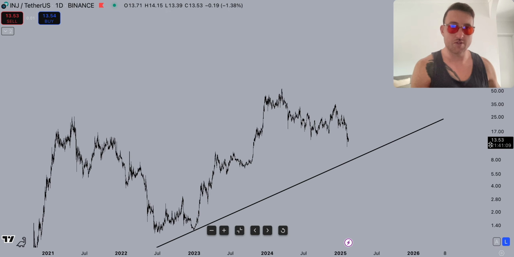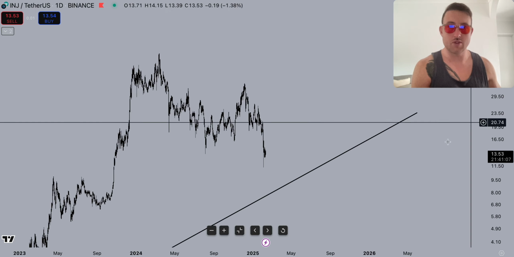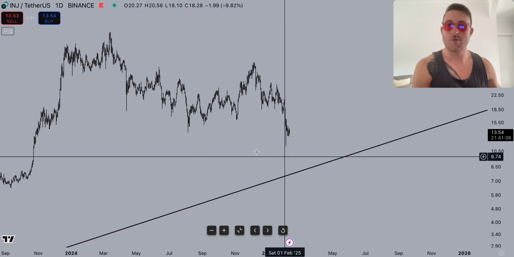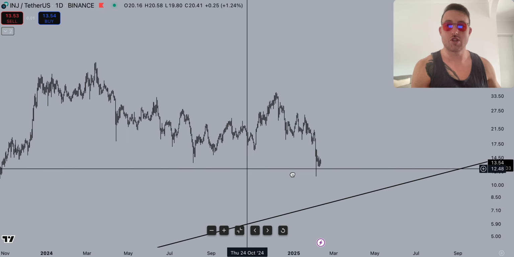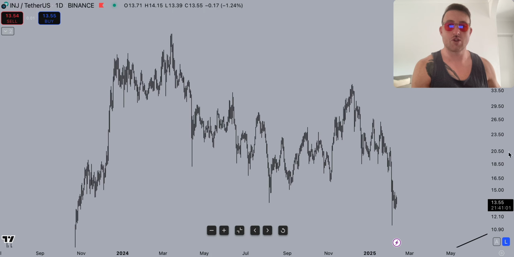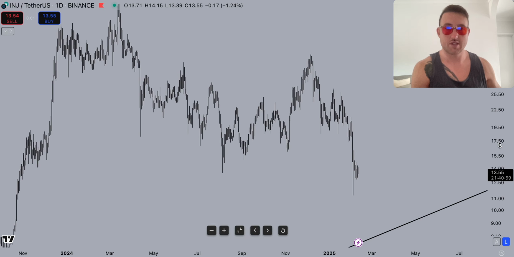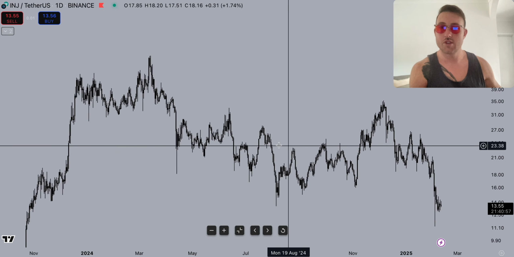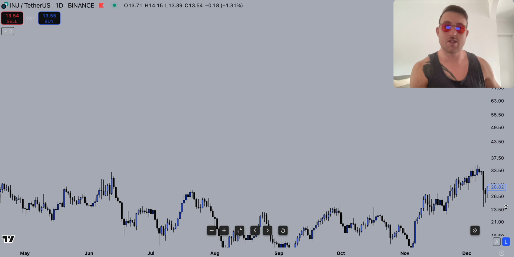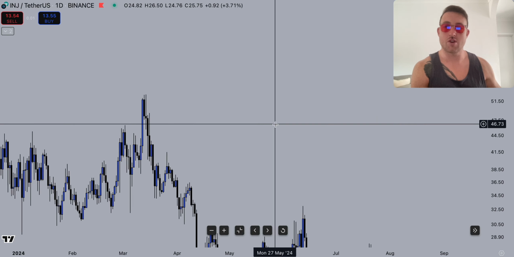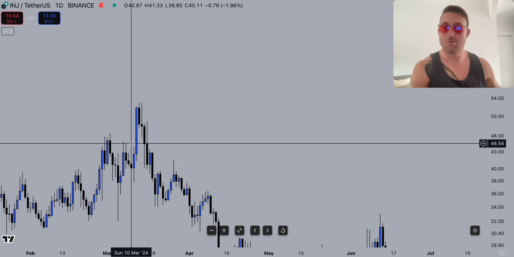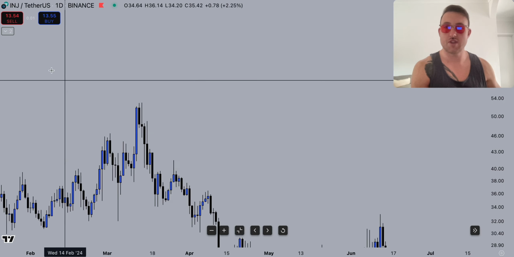So that's a good thing to do, is always zoom out and look at it from a big perspective, so you know that we are going in the right direction. It's very important. You can then see that we had our highs for Injective back in March 2024.